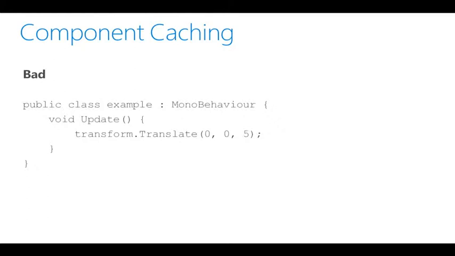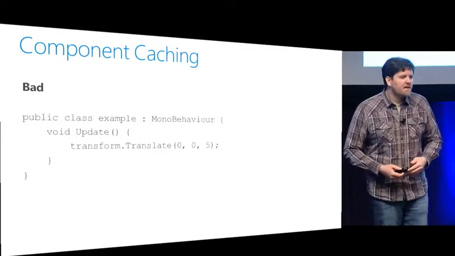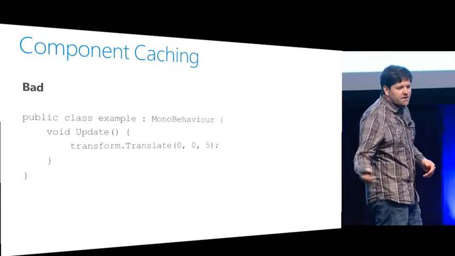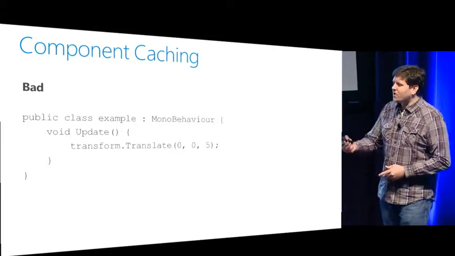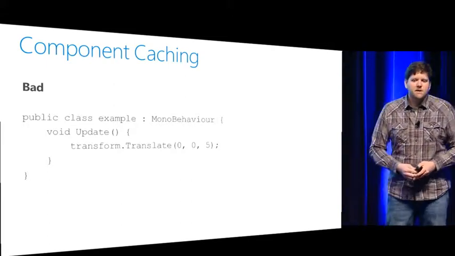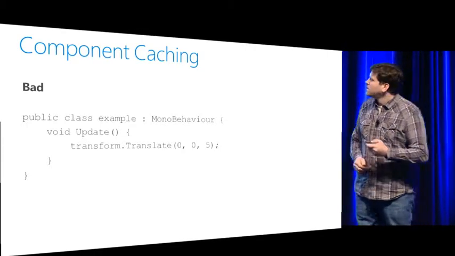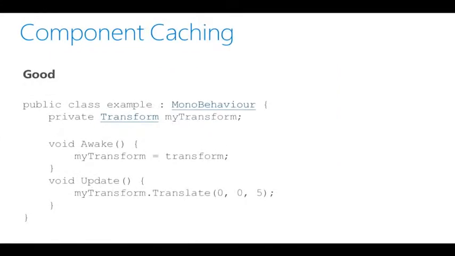And then you call translate, we go back into unmanaged code again to actually execute that function in C++, because of course Unity is 95% C++. It just so happens that all of your interface with it is in C#, JavaScript, or Boo. But at the end of the day, every call you make eventually trickles down into our C++ code. So you want to minimize the number of those bind points. So how do you do that? Let's cut that in half. Let's go ahead and cache that transform and only call the translate function into C++.